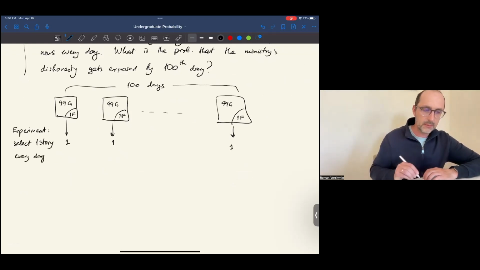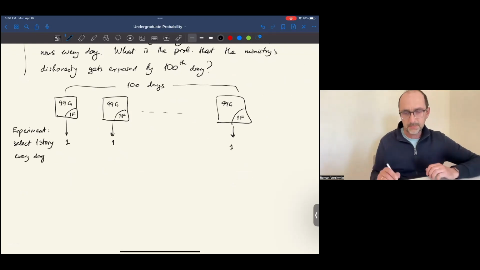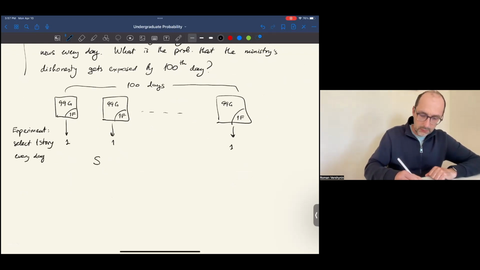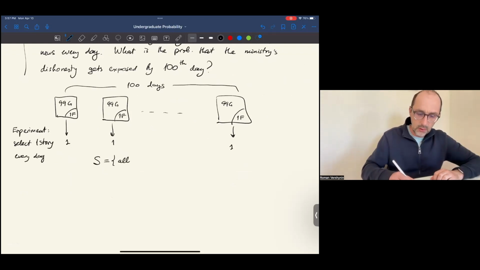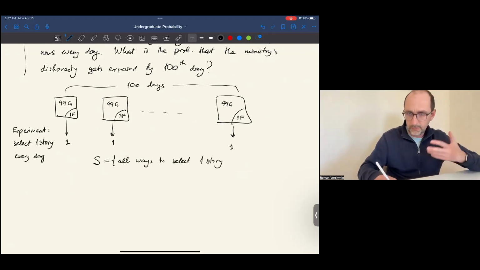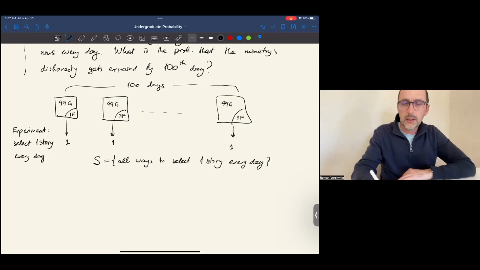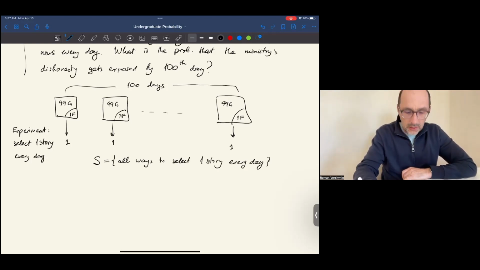That's our experiment. An outcome is just a collection of these stories, one per day. The set of all outcomes are all possible combinations, all possible ways to select one story from the 100 stories every day. We can assume that all outcomes are equally likely.